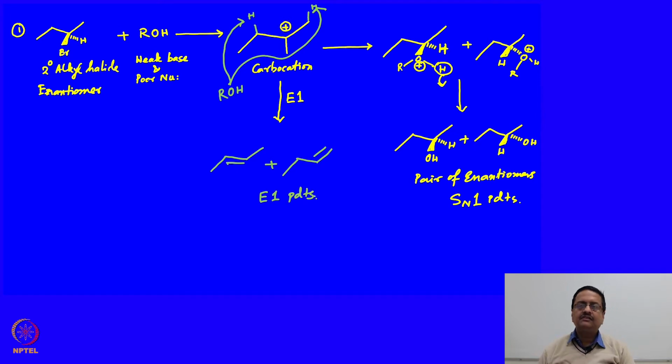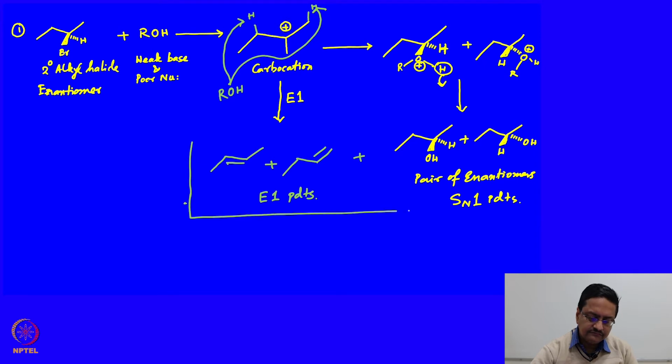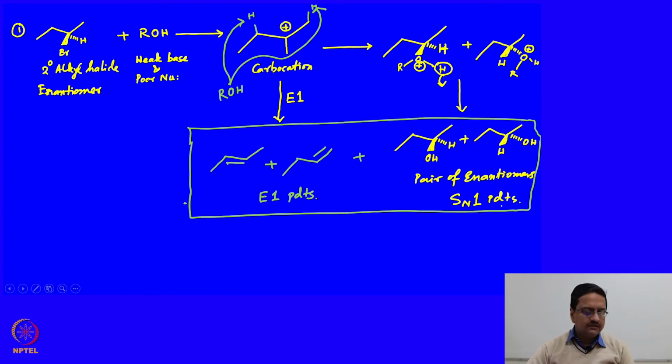So, in this reaction you have the possibility of getting all these 4 compounds which we have highlighted here. Although the reaction may look very simple, the products will be 2 E1 products and 2 SN1 products.